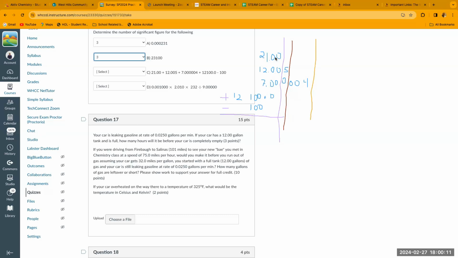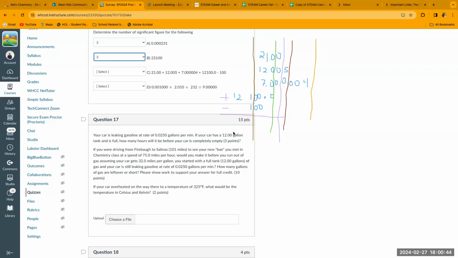The fourth one is right here. And the fifth one, let's see, is right here. Okay, so the one furthest to the left would be the separation of the numbers that are significant from the numbers that aren't significant. So we just go ahead and do the addition.